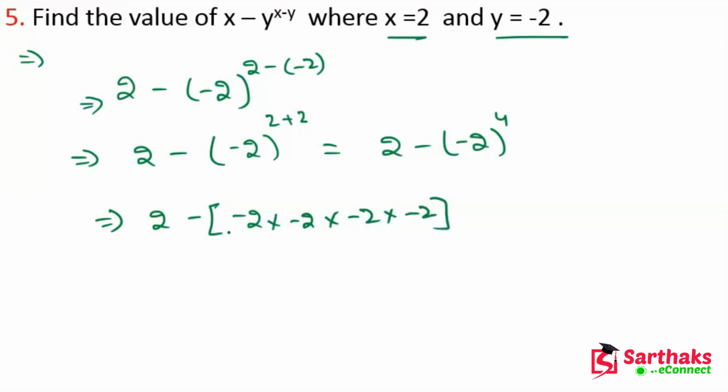All these negative signs will become positive, because this negative becomes positive, and this negative becomes positive. So we write like this: 2 minus 16, and we get the result minus 14. So this is the answer. I hope, my dear friend, you understand these things.